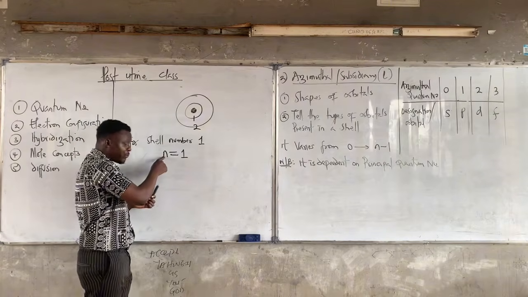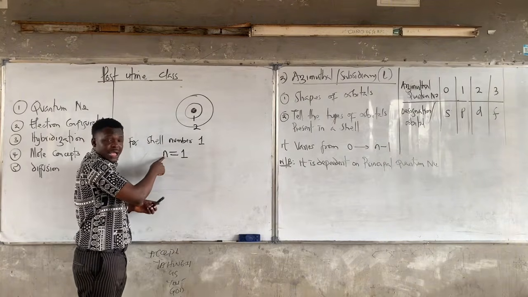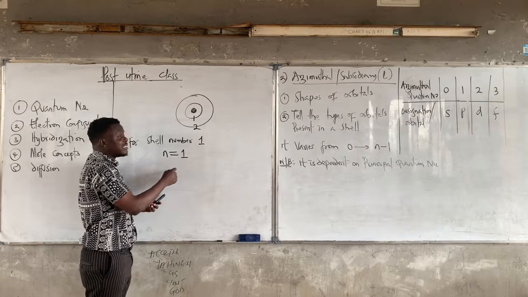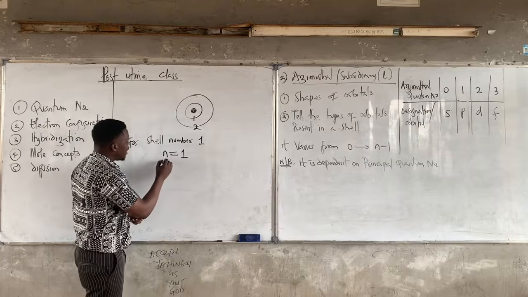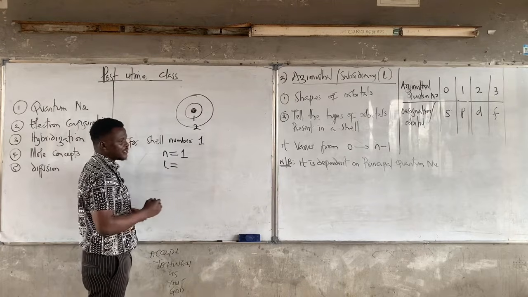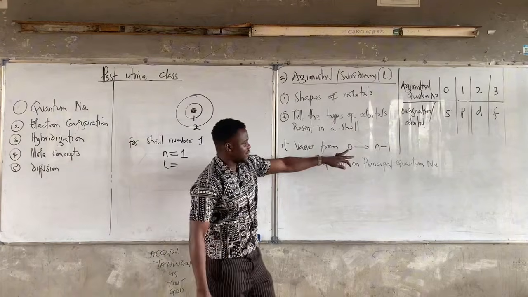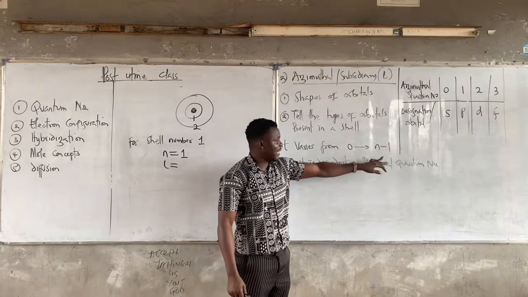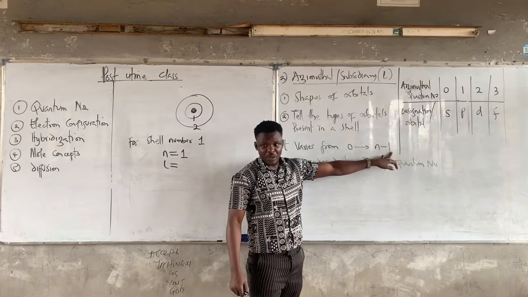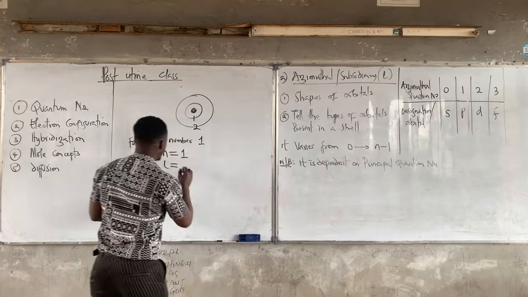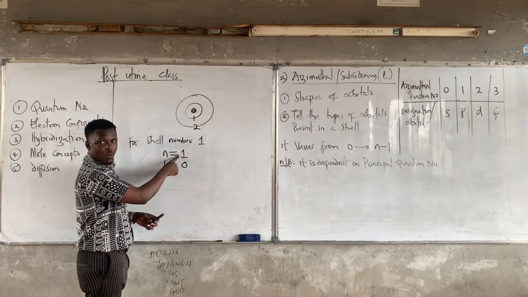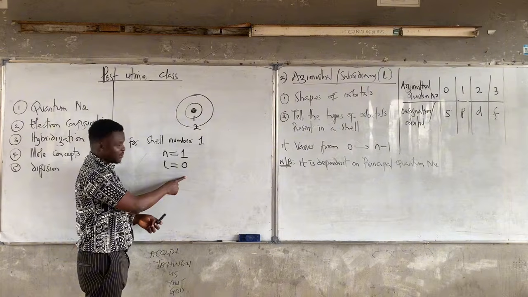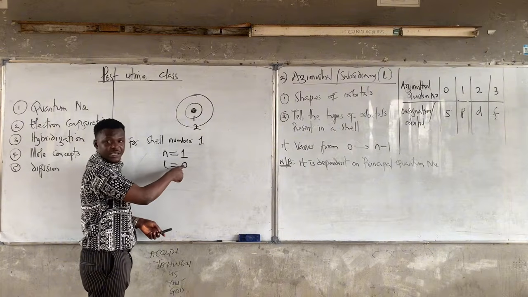N, because remember, principal is N. If N equals 1, it means that we are referring to shell number 1. If N equals 1, L says my value will always start from 0 and will stop at what? N minus 1. So come here, put 0. What is N in this case? 1 minus 1. There will be nothing here since there is already 0 here.